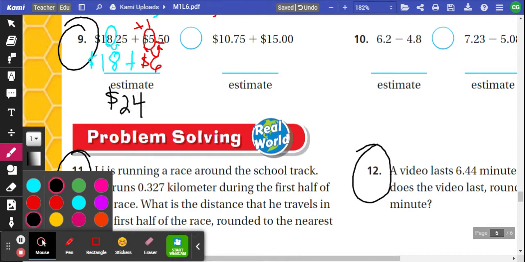When I come over here to this next one, I have $10.75 plus the 15. I'm needing to estimate it or round it to the nearest whole number. I'm starting off with my 0, moving it over, and what do I see? Yeah, I'm going to add a plus 1 to my 0. And I know that some of y'all were getting kind of thrown off with that today, and it's okay.